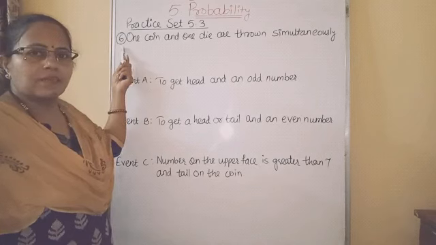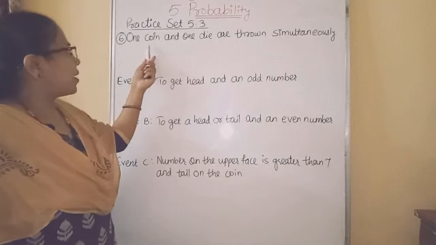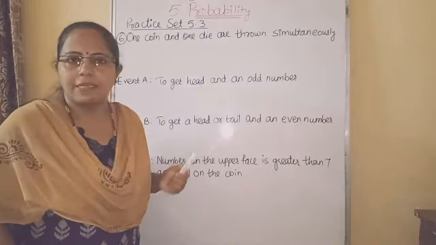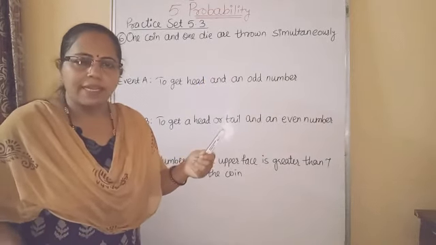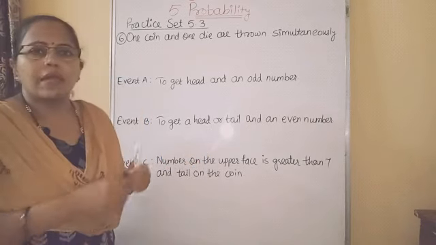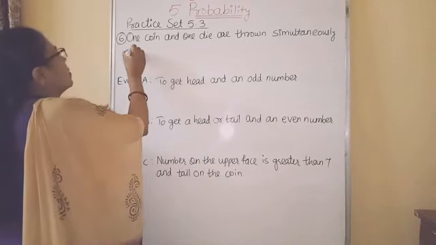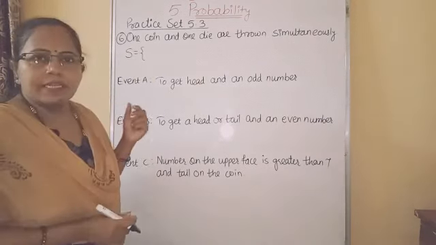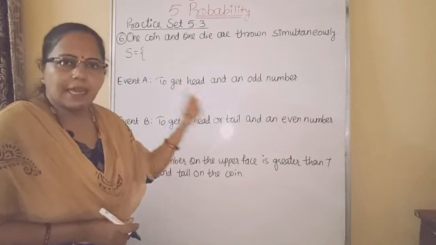Next, the sixth one. One coin and one die are thrown simultaneously. So first we have to write the sample space. For the coin we know the result: head and tail.